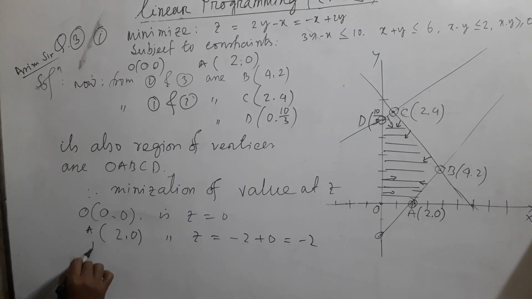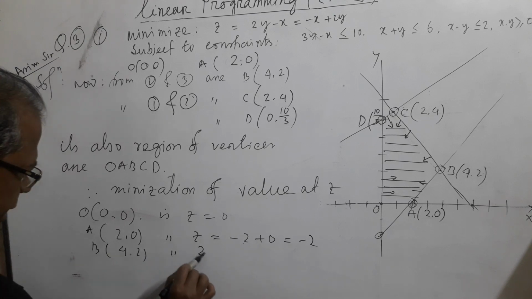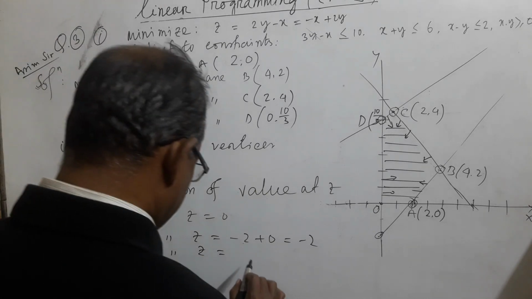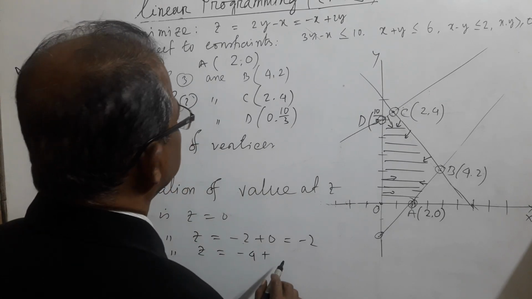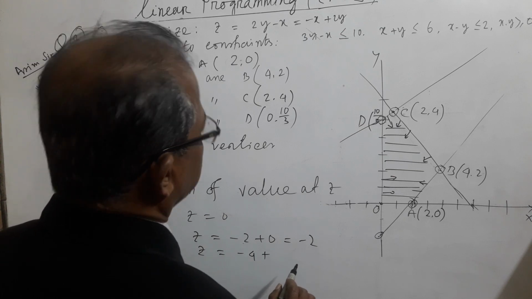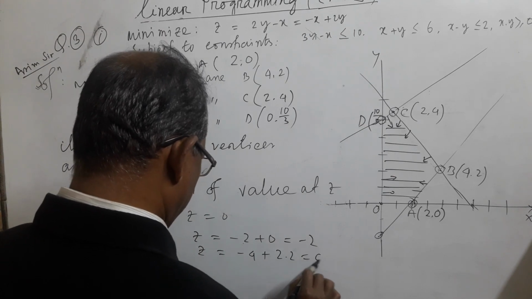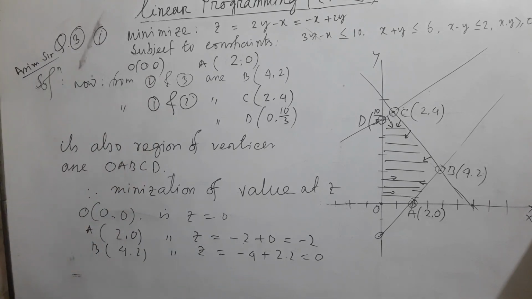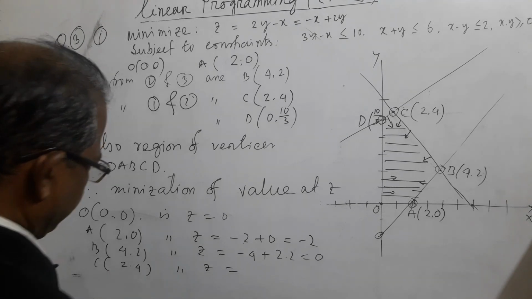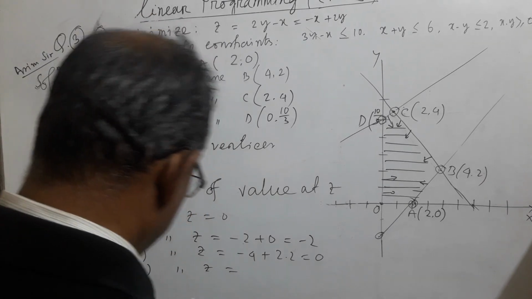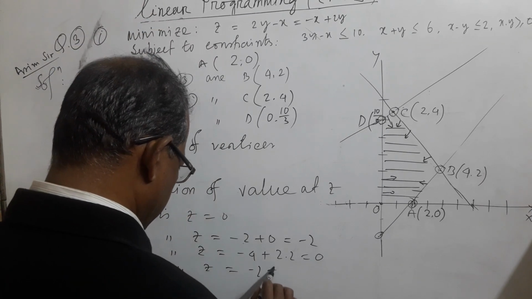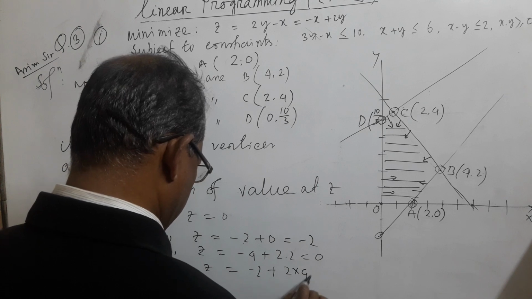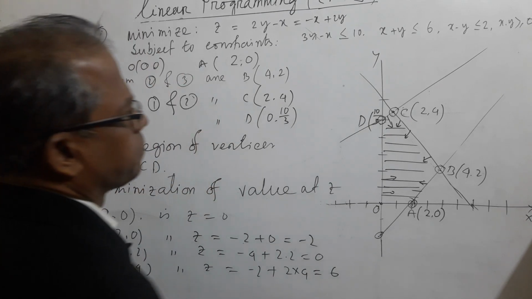At B, 4, 2, Z equal to minus 4 plus 2 into 2 equal to 0. At C, 2, 4, Z equal to minus 2 plus 2 into 4, that means 6.